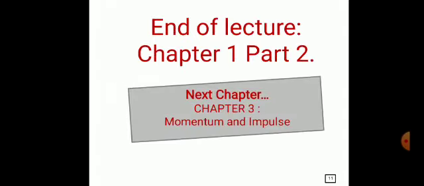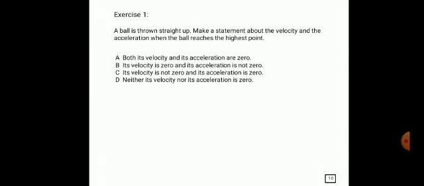Yes, correct. The answer for exercise 1 is B. Congratulations to all of you who answered B. The answer is velocity is 0 and acceleration is not 0. A is wrong because it says acceleration is 0. If acceleration is 0, the ball will float in the air. C says velocity is not 0.